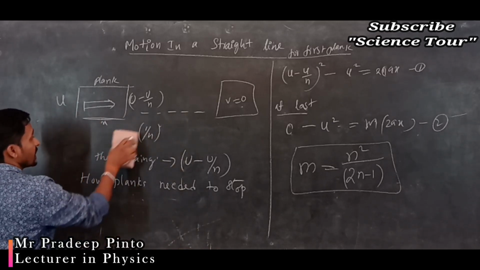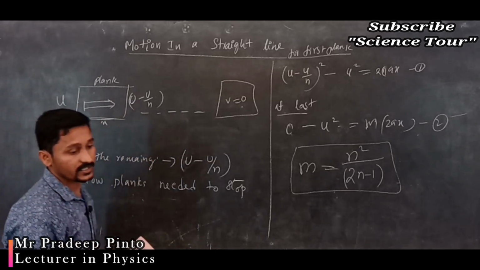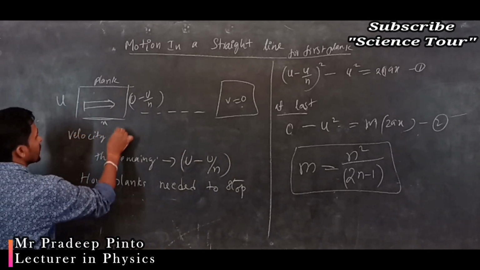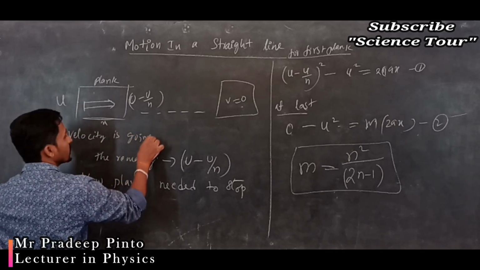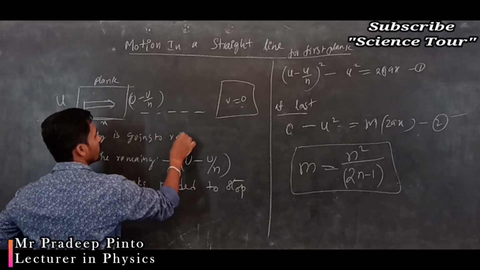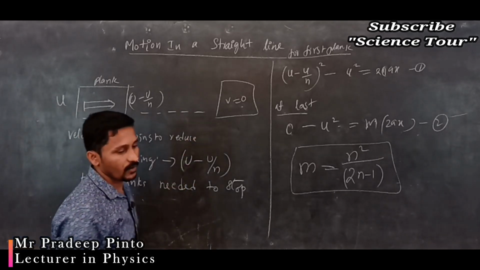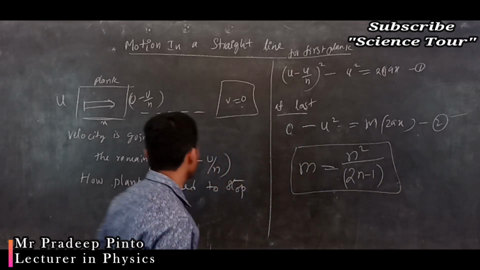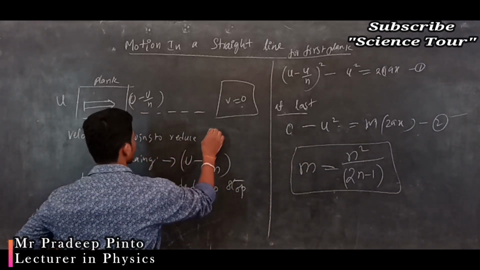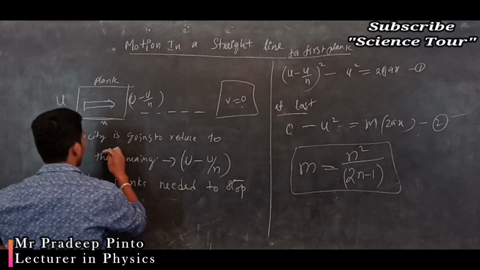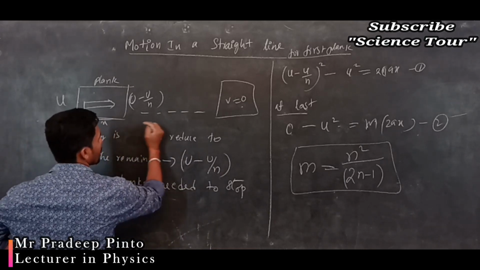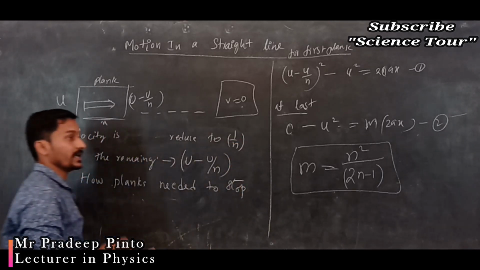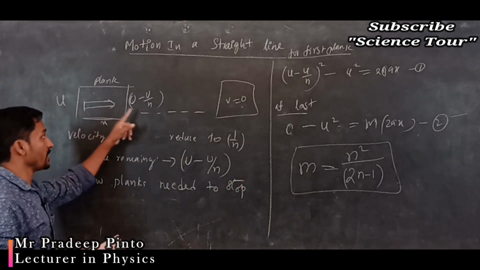Its velocity is going to reduce to 1 by n of its initial velocity, which means the remaining is this much.